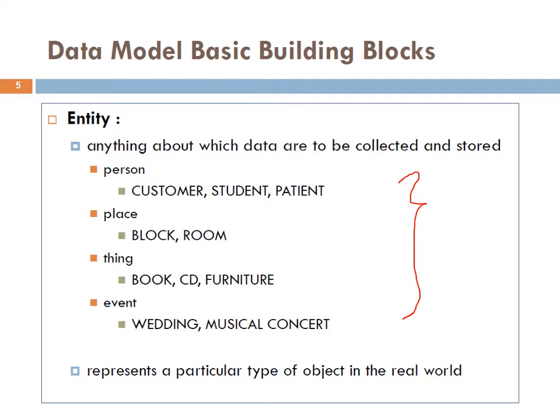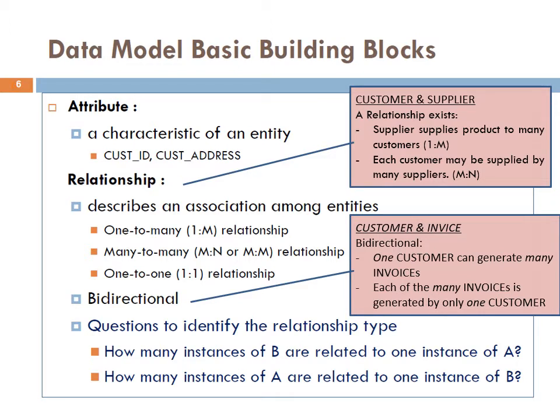The next building block is attributes, which refers to a characteristic of an entity. For example, we have a customer as an entity. So we can describe the entity by attributes such as customer ID, customer address, customer name, customer phone number.